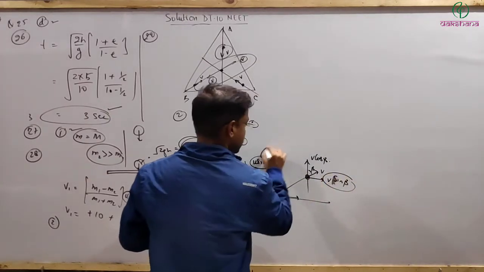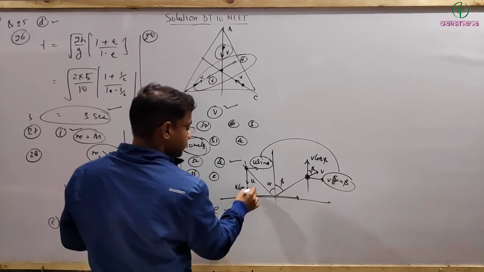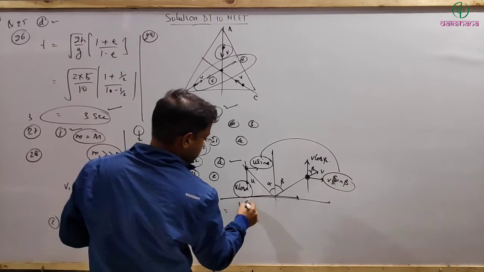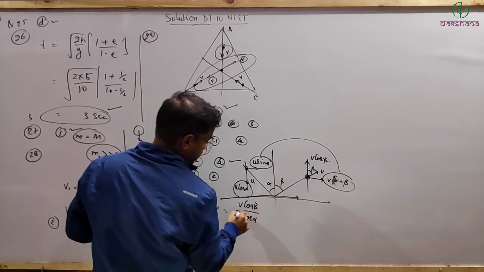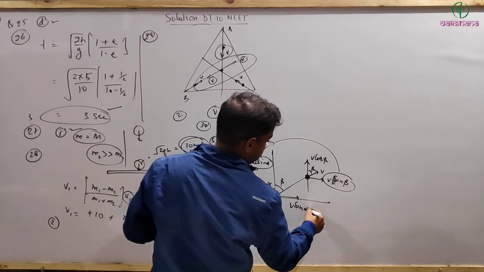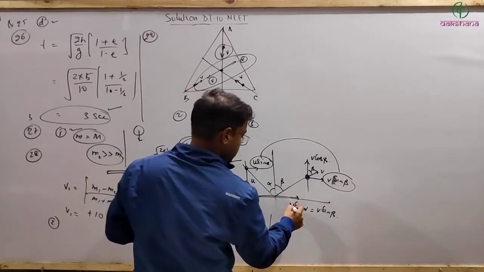The coefficient of restitution becomes velocity of separation divided by velocity of approach, v cos beta divided by u cos alpha, and equating these, v sin alpha is equal to v sin beta, u sin alpha.